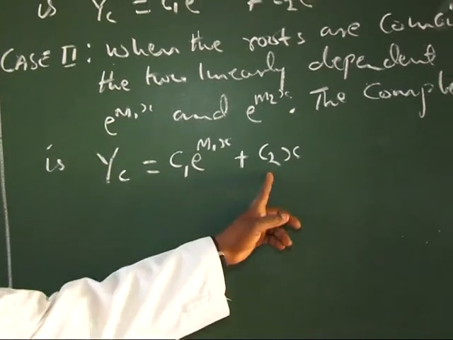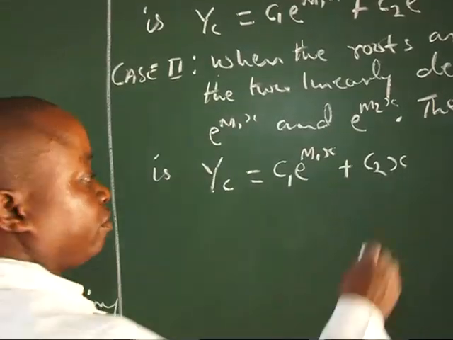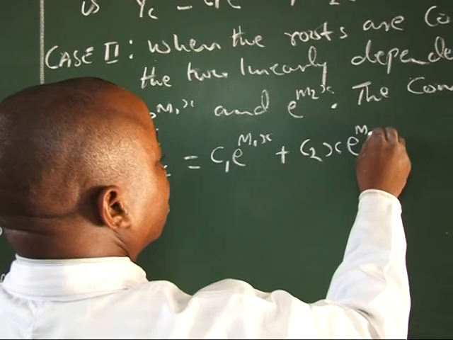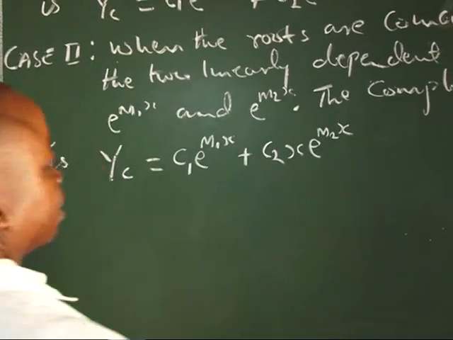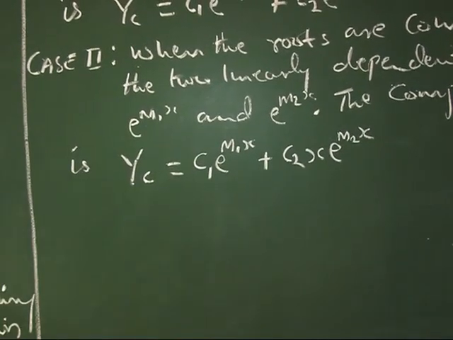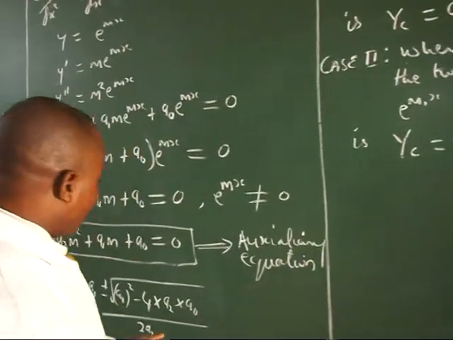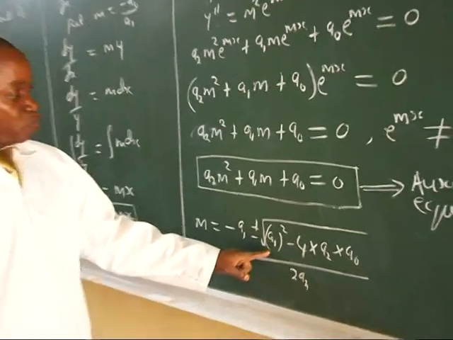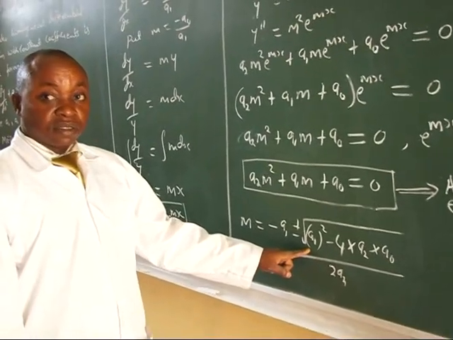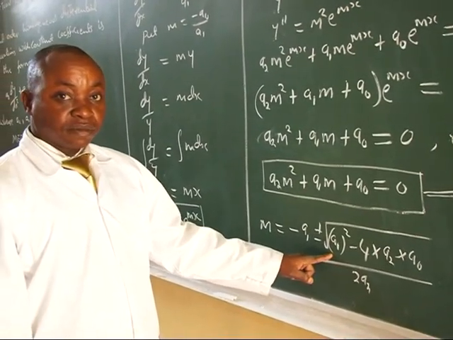Look at that. C2x exponential m2x. That will be the complementary function in the case where the auxiliary equation has equal roots.